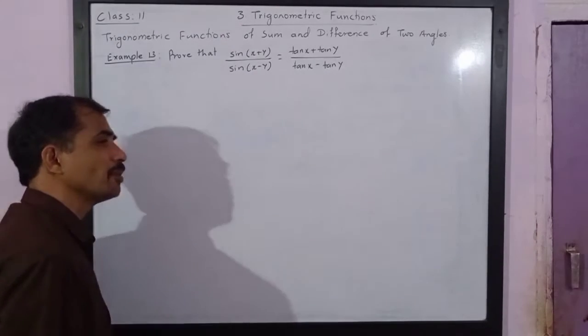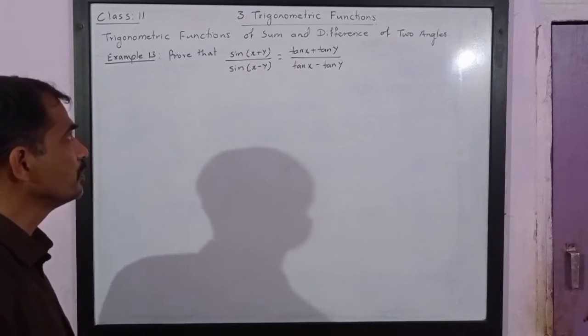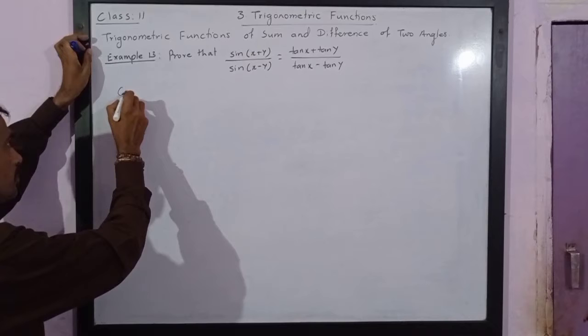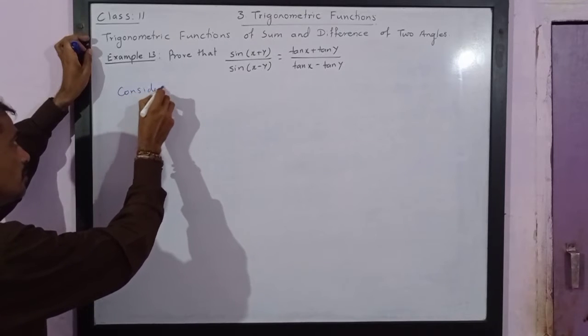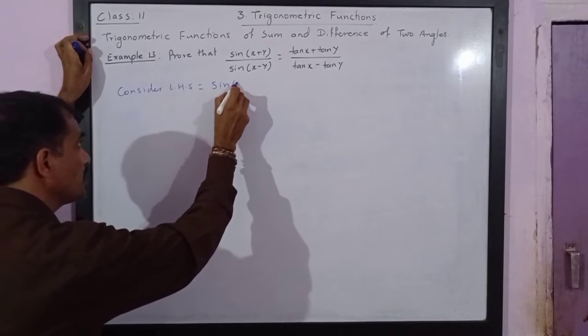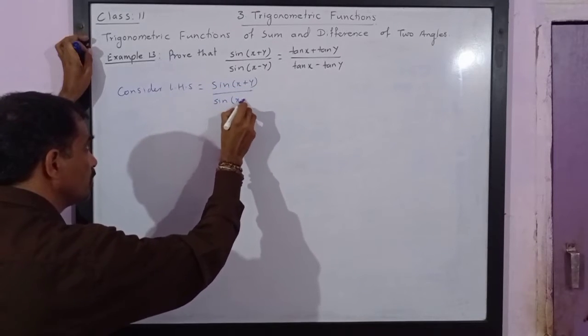We have solved such types of problems, and during the discussion you must have noted the point. Now, in order to prove, consider LHS. So LHS is equal to sin of x plus y upon sin of x minus y.